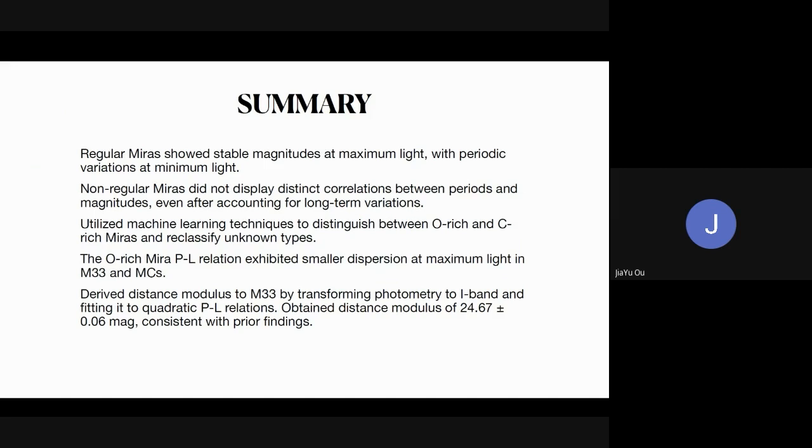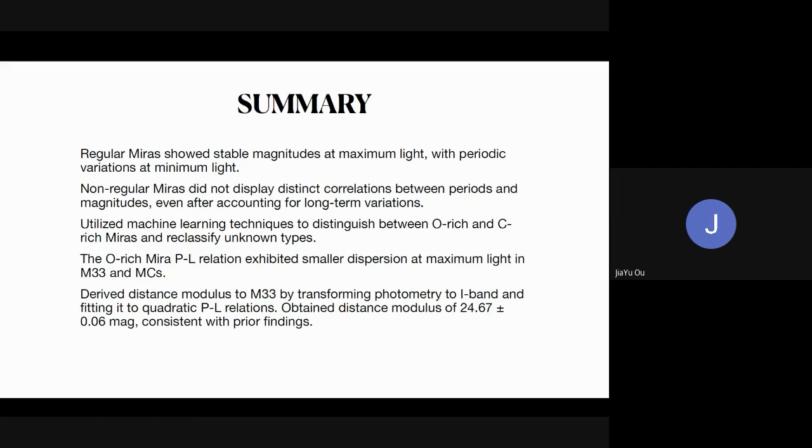And the second part: originally we classify Mira with its spectra, and we can see the carbon to oxygen ratio. This is the normal way to classify oxygen-rich and carbon-rich, and we can also use the color diagrams J minus K and V minus I with the algorithm. So we use the period and the J minus K. It is not a new way, but it proves that just using the period and the near-infrared data can classify the type.